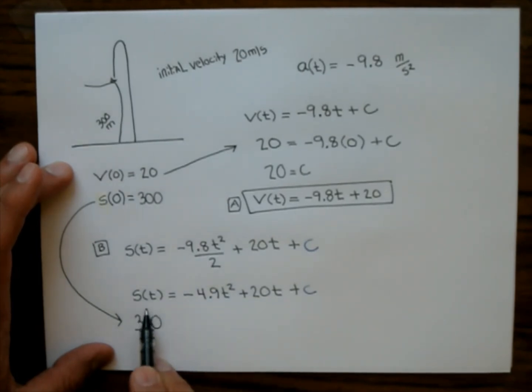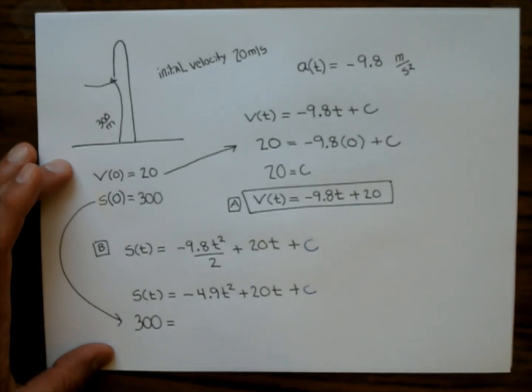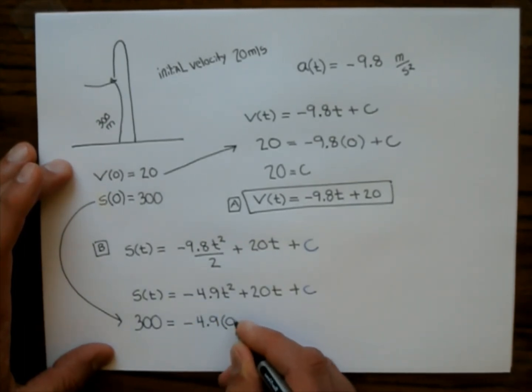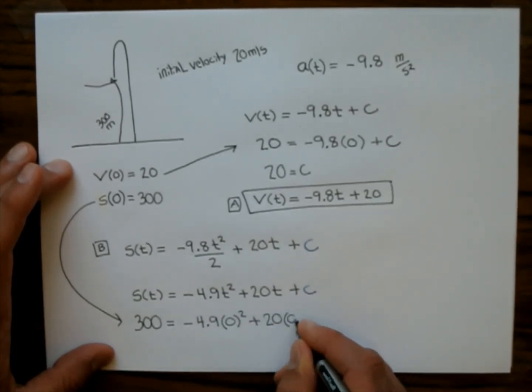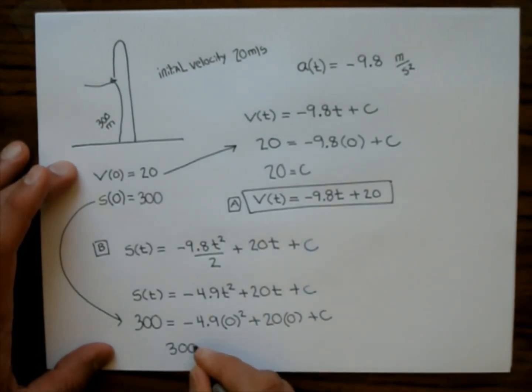This guy right here is S when the time is 0. So you end up getting 300 equals C.